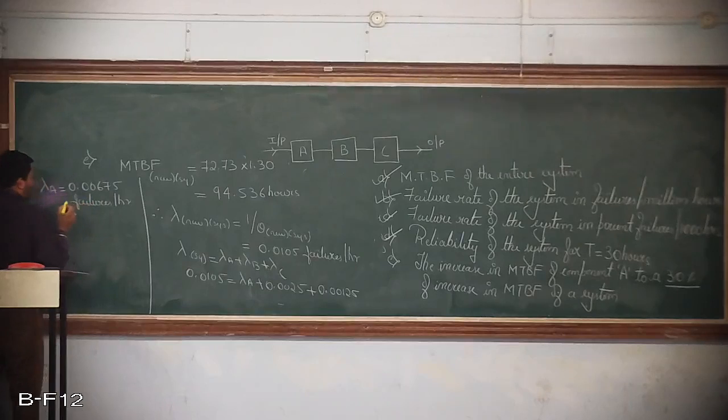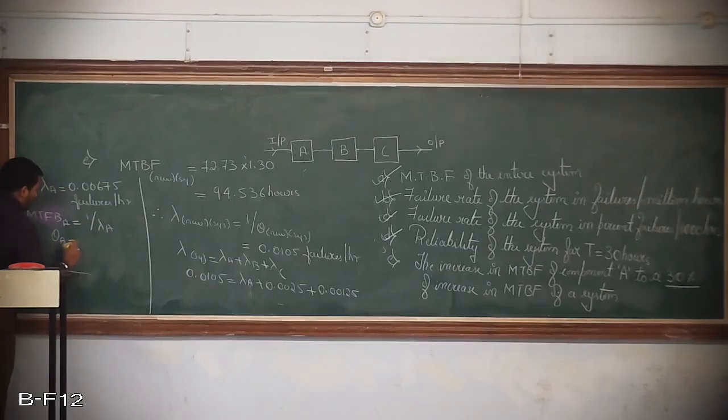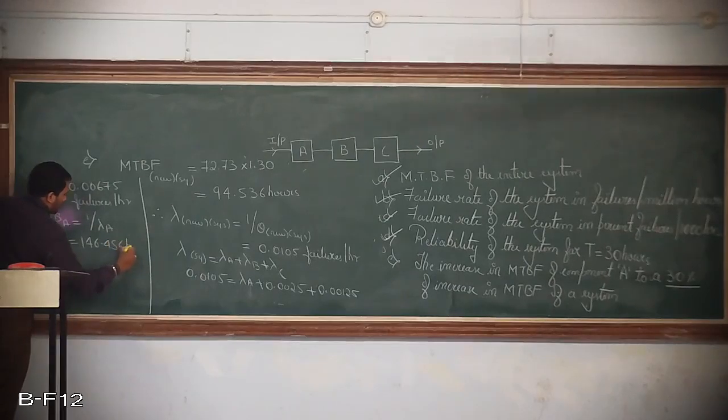Now we need to find the mean time between failure of A, which is equal to 1 by lambda A. That is theta A is equal to 146.456 hours, so it is approximately 146 hours.